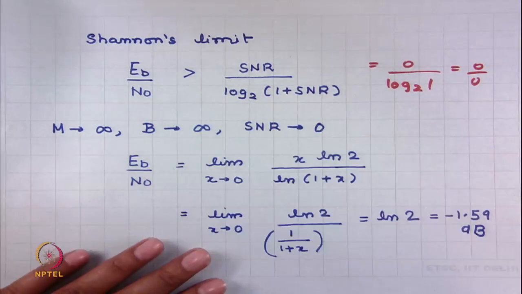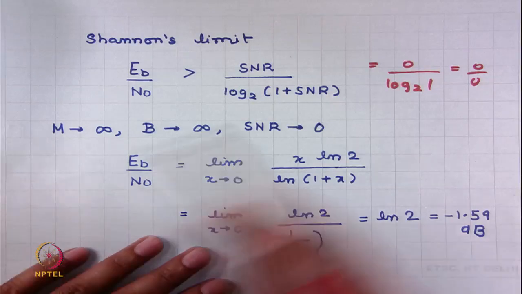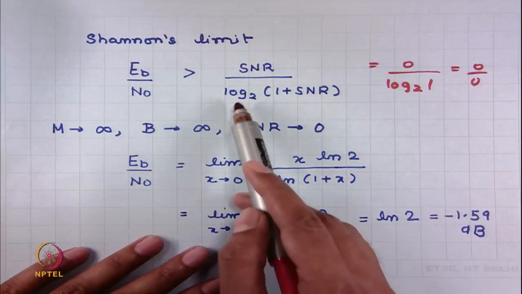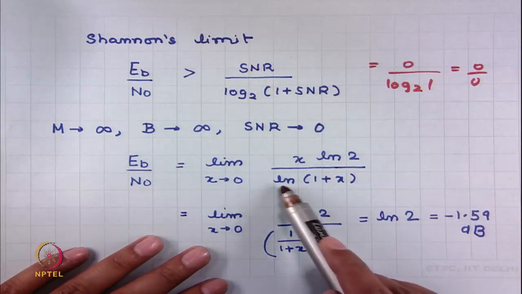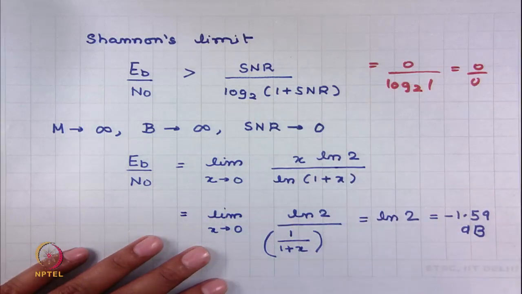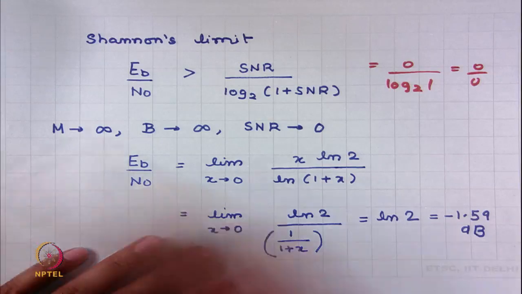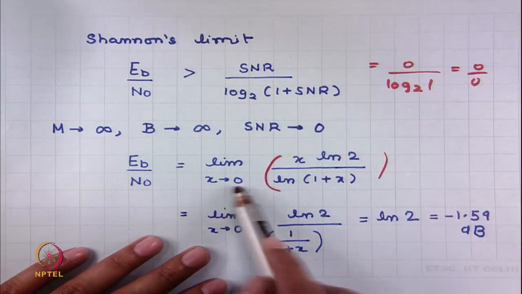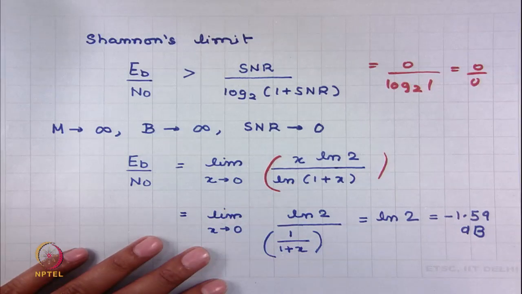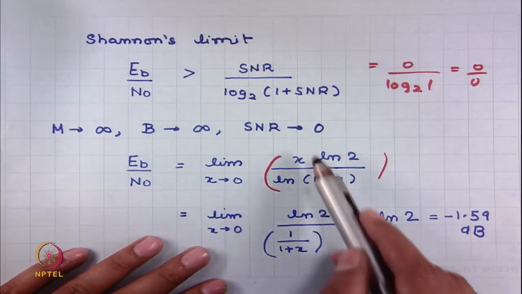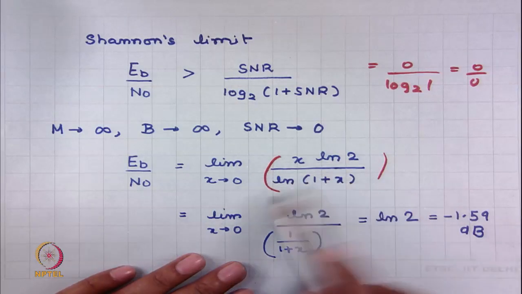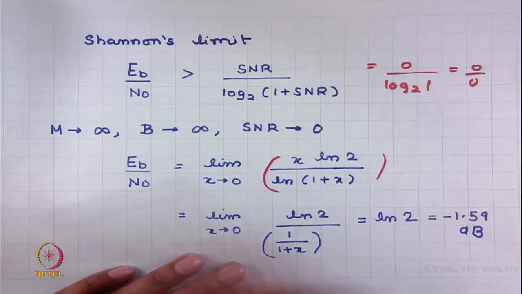and you can use L'Hopital's rule. Okay. So, if I express SNR as x and I want to write log 2 as ln divided by ln 2, then I can take the limit as x tends to 0. When x tends to 0, I have to differentiate both numerator and denominator. When I differentiate the numerator, I get ln 2.